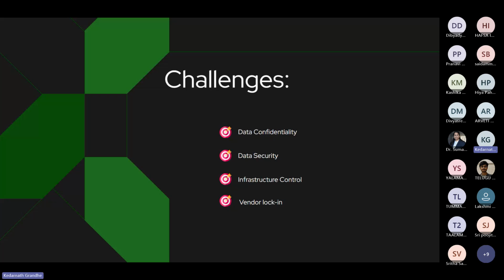Okay, so data security, this is also similar to confidentiality. If security is there, then confidentiality will also be there. Obviously, if security is not there, someone might just easily hack into it and sell all the data. So cloud computing over a cloud service provider's infrastructure involves transferring data remotely and accessing it from any computer or device. You are storing some data and you are accessing that through your device, right?